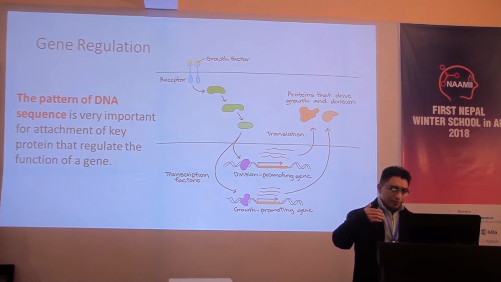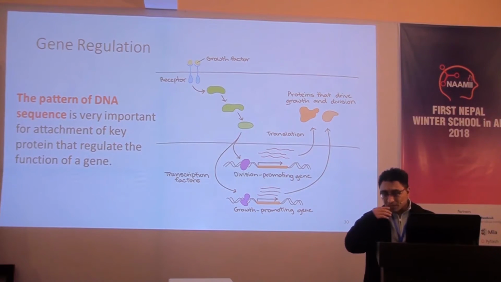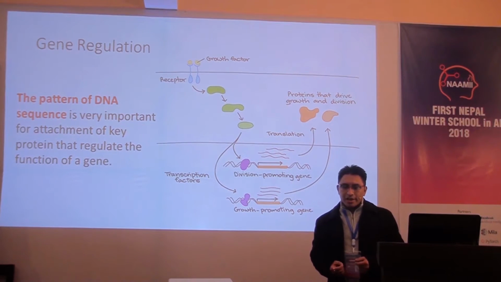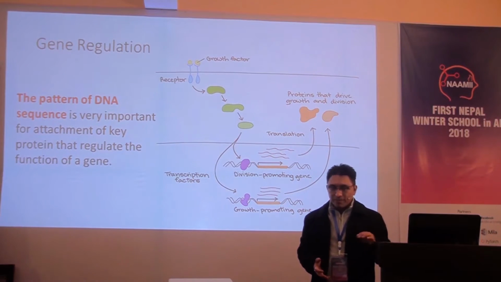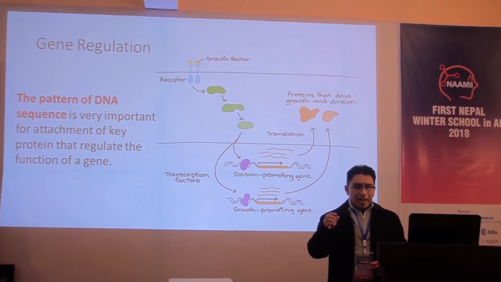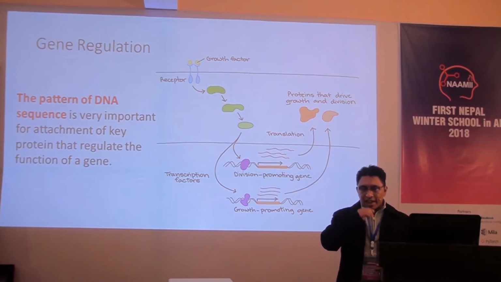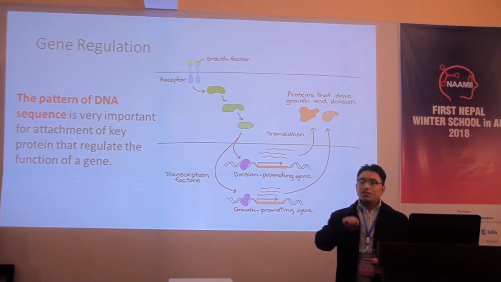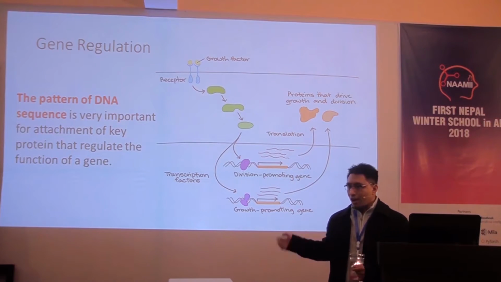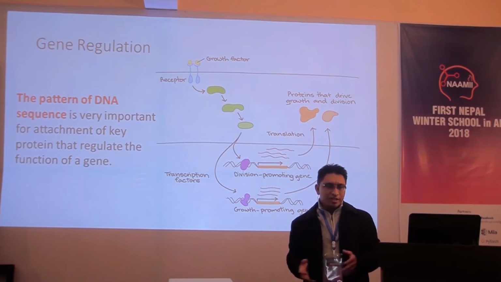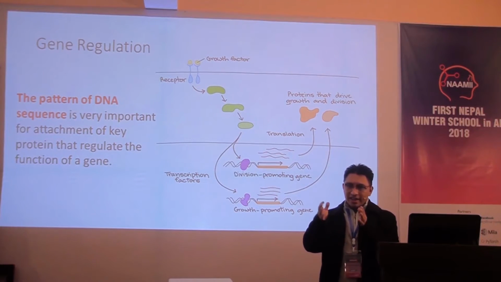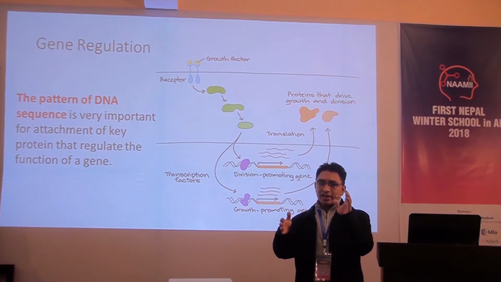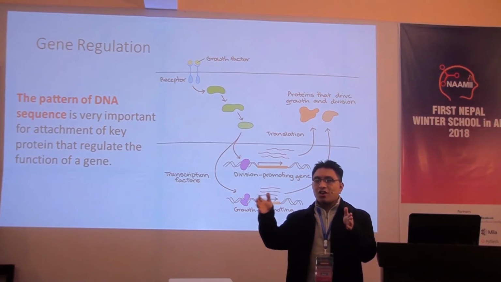What I mean by gene regulation is that, as I said, there are 20,000 genes in the human body and human DNA, and at different points, certain genes are turned on and certain genes are turned off. And for some disease condition, in a healthy individual, say gene A might be turned on.